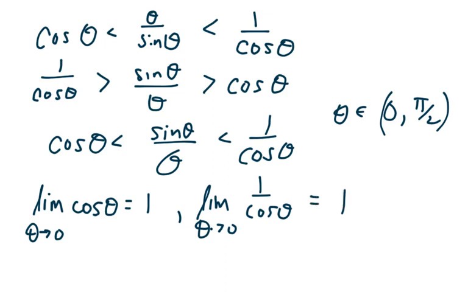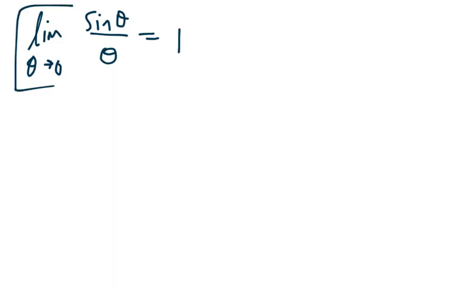So by the squeeze theorem, and we always want to cite any theorems we use, the limit as theta goes to 0 of sine theta over theta is equal to 1. And that is a classic limit.